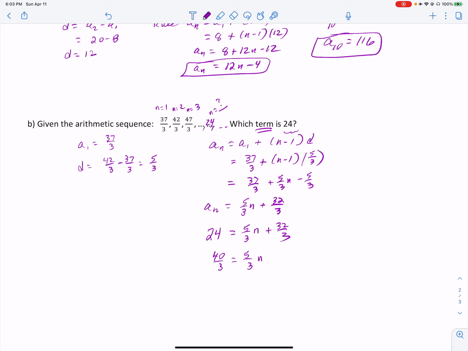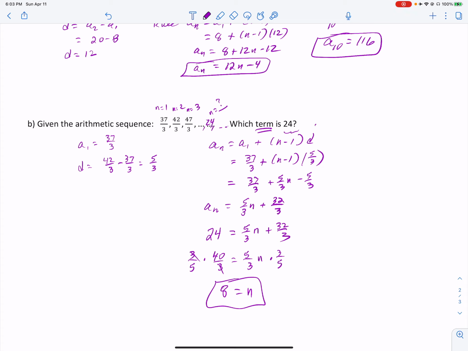You can multiply both sides by 3, or better yet, just multiply both sides by the reciprocal. To solve for n, I want to get rid of the 5 thirds, so if I multiply by 3/5, that'll make it a 1n, but I have to multiply both sides by that. And 40 divided by 5 is 8. So it is the 8th term.